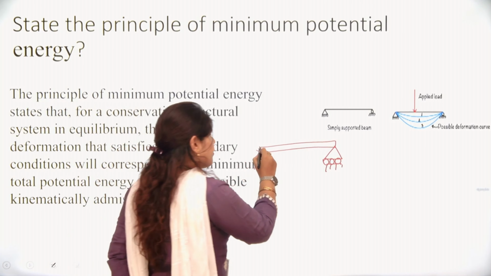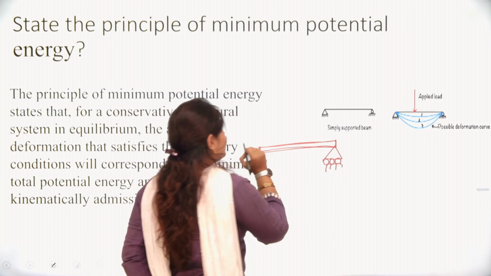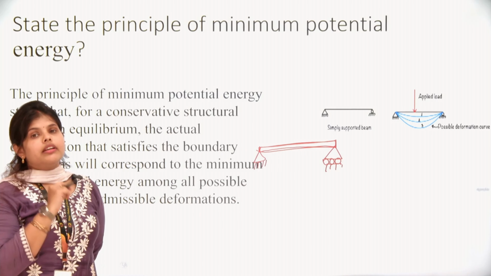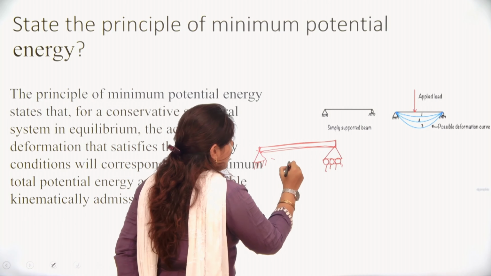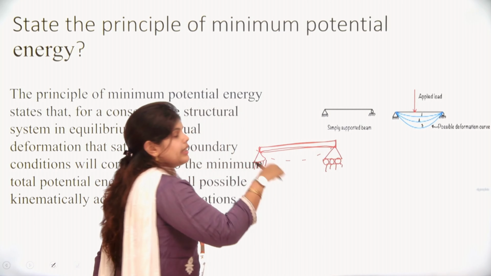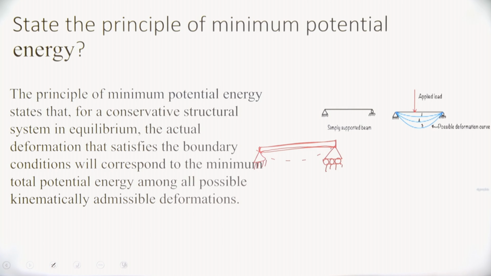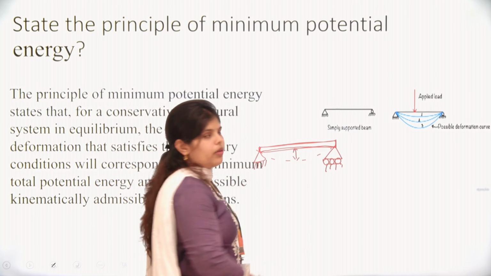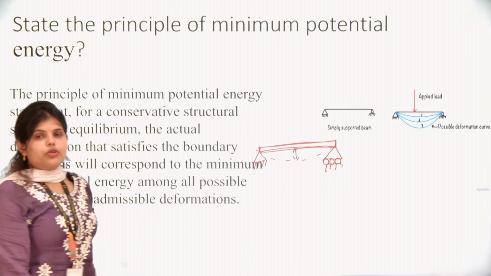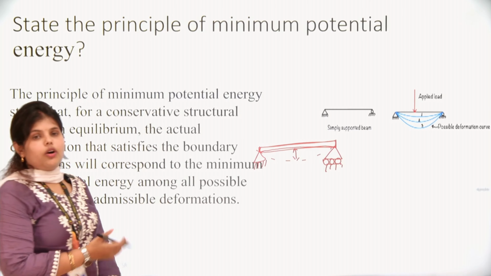Up to that point, it will be in equilibrium. When it starts deflecting a little bit, that will be termed the minimum potential energy. The energy required to deflect a minimum amount will be termed your minimum potential energy.